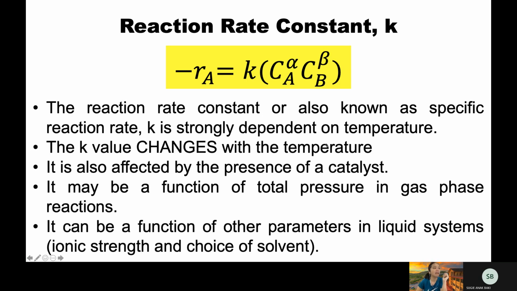is dependent on temperature. So one thing that you have to really understand, the reaction rate constant is highly dependent on temperature, meaning if you change your temperature, the value of K will change. Okay, what is the implication?